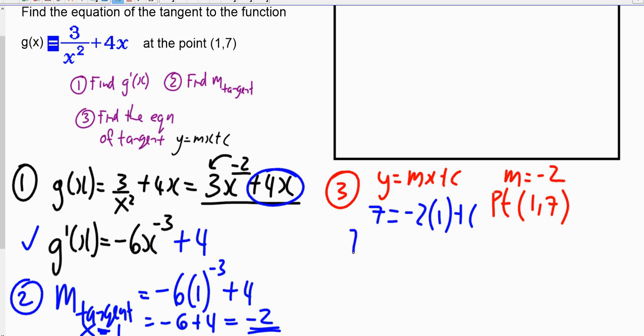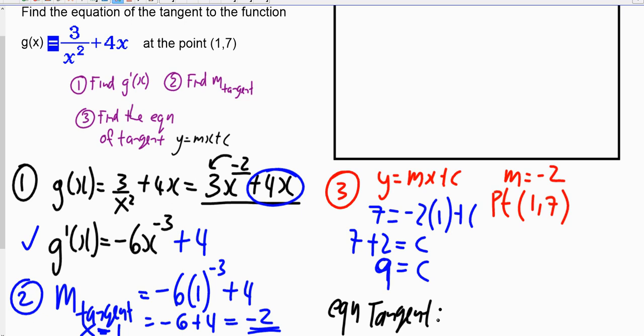Rearranging that, we get 7 plus 2 equals c, so 9 equals c. And hence, the equation of the tangent at the point 1, 7 is y equals minus 2x plus 9.